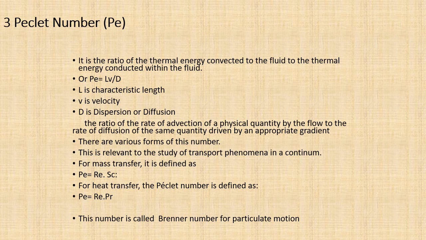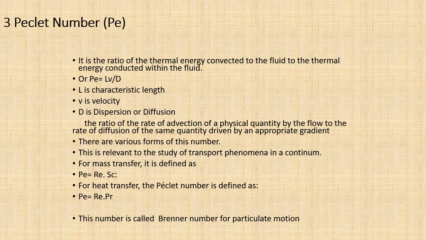The second definition of Peclet number is the ratio of the rate of advection of a physical quantity by the flow to the rate of diffusion of the same quantity driven by an appropriate gradient. By gradient we mean the difference that causes that particular phenomenon.